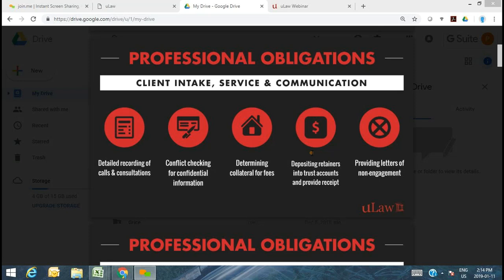You are required to deposit it into a trust account, and each transaction into that trust account needs to be ledgered and needs to be reported on a monthly basis as part of your compliance documents that you have an obligation to deliver to the law society, especially when you're being audited. Okay? They will audit your trust ledgers to make sure that there's prudence in how money has gone in and money's come out of the trust account.